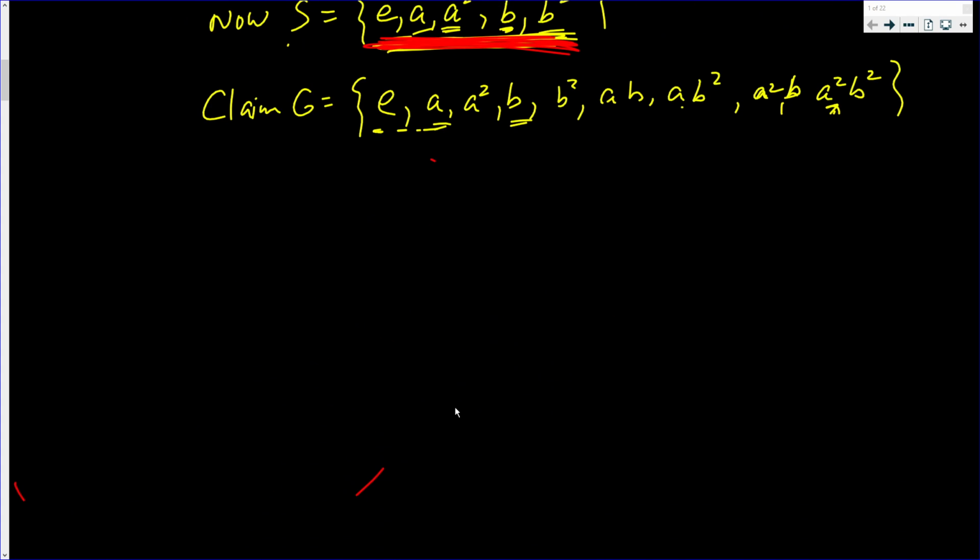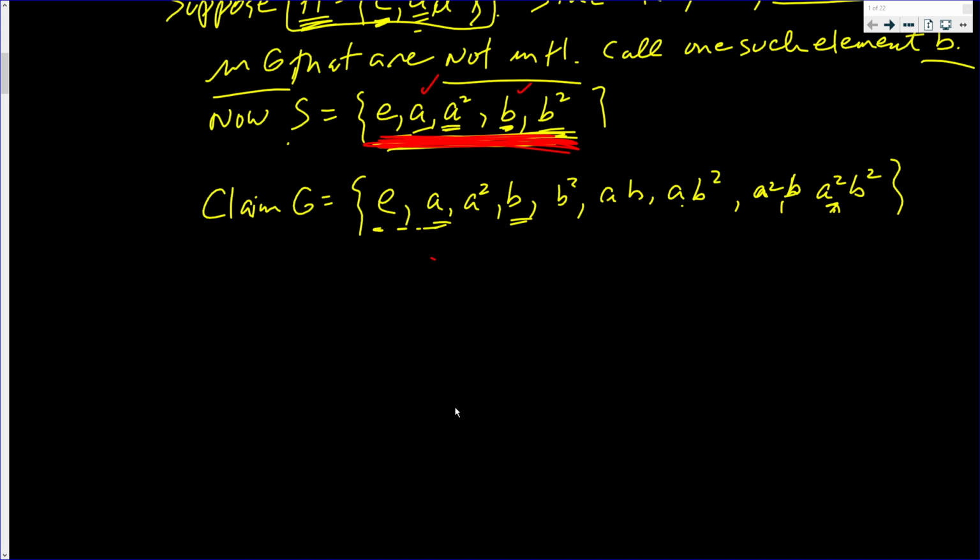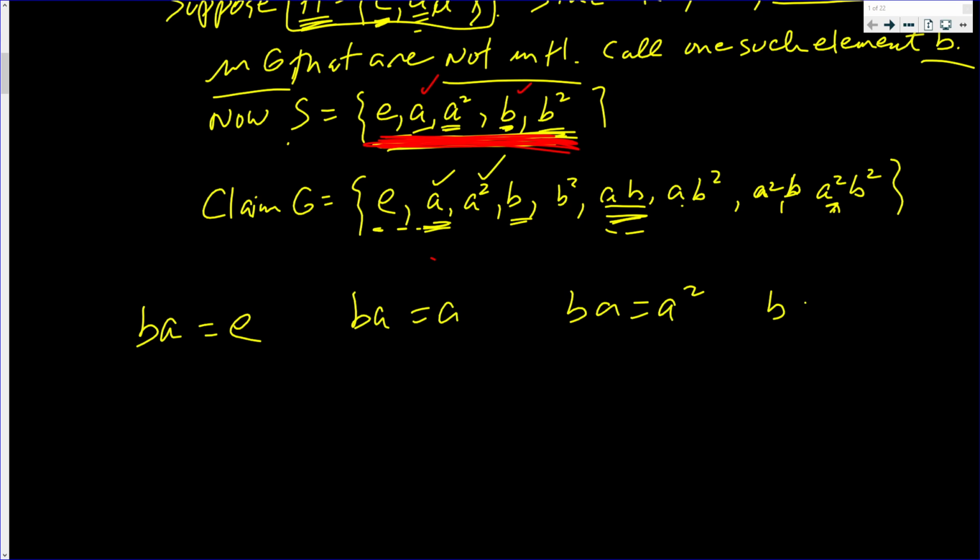Well, I just have to argue that BA can only be AB. So, can BA be E? Can BA be A, the second element? Can BA equal A squared? Can BA equal B? Can BA equal B squared?